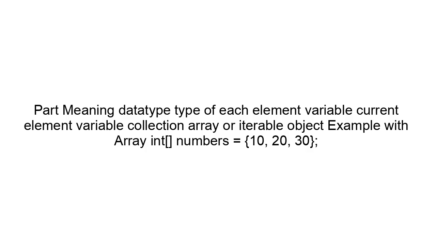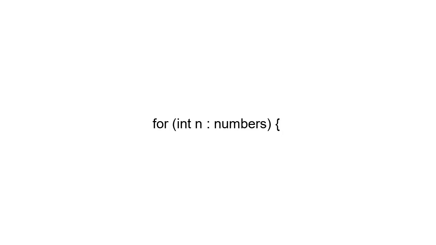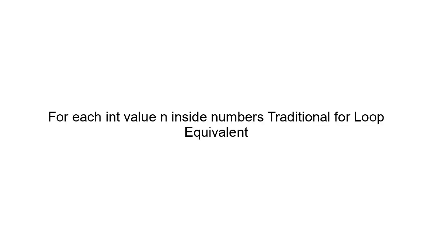Example with array. int[] numbers = {10, 20, 30}; for (int n : numbers) System.out.println(n); Output: 10, 20, 30. How it reads: for (int n : numbers) can be read as for each int value n inside numbers.